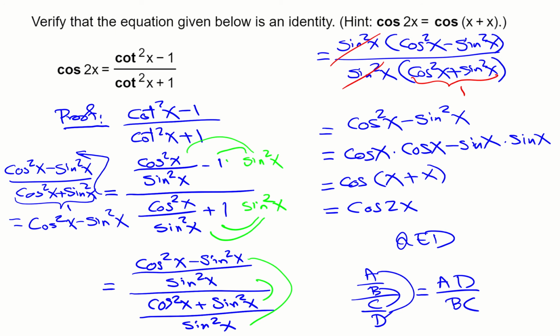And you should recognize this as one of the 3 different forms for the expression of cosine 2x, the double angle identity for cosine. So you could just say cosine 2x.